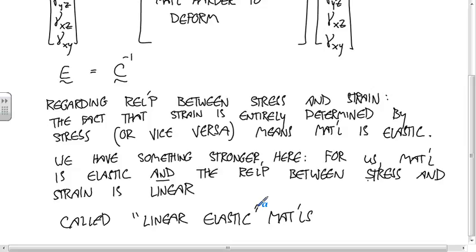Some materials, that's not a good assumption, like Play-Doh. It's not just that there's no linear relationship between stress and strain. If you take the load off Play-Doh, it stays where you put it, or water, gel, pudding, whatever. Those aren't elastic because you deform them, move your hand, and they stay where you put them.